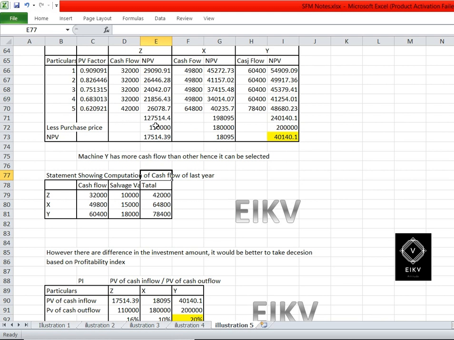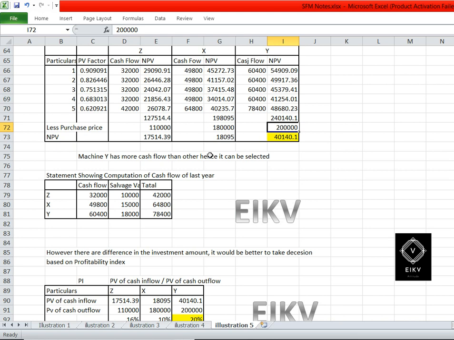For machine Z we have taken the resale price of 1,10,000, 1,80,000 is the purchase price of machine X, and 2 lakh is the purchase price of machine Y. After deducting the purchase price, we get 17,514 for machine Z, 18,095 for machine X and 40,140 for machine Y.